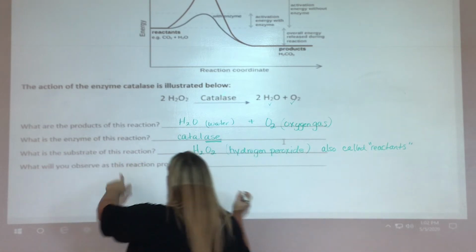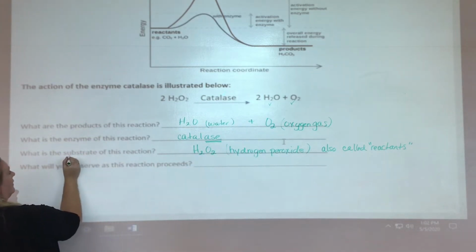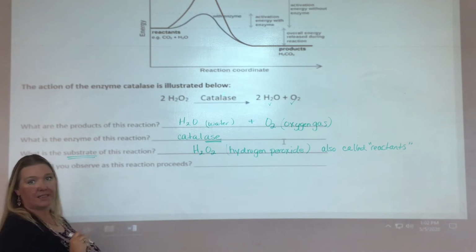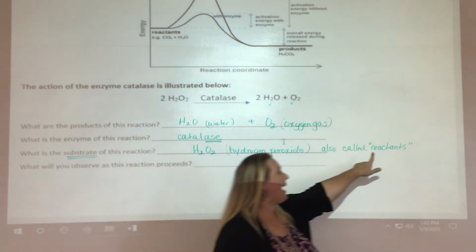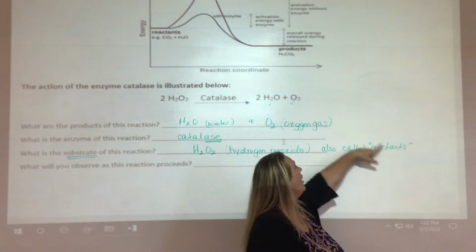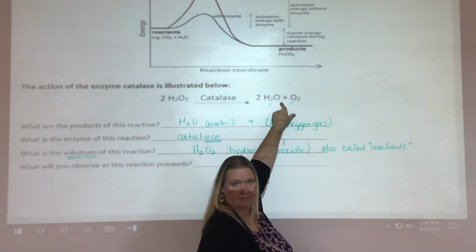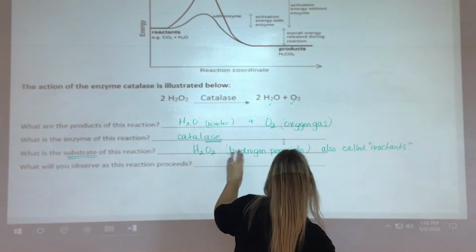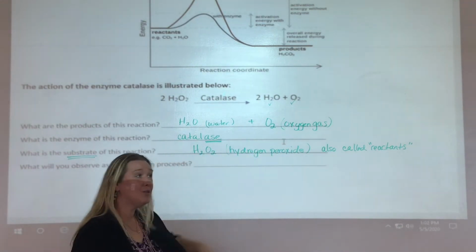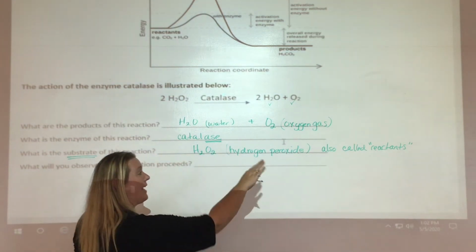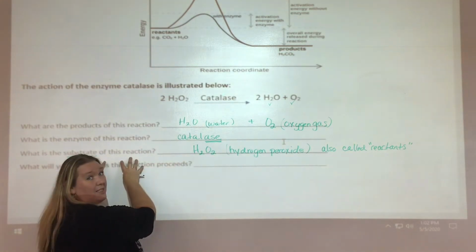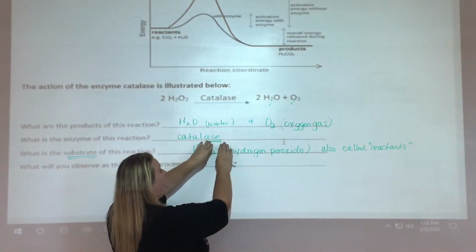Substrate and reactants are the same thing. They're interchangeable. What reacts in the reaction? And what do we produce? Substrate is usually the term used for the reactants when it is involved with the enzyme. So they're reactants, but they're called substrates, a little more specific when we talk about an enzyme.